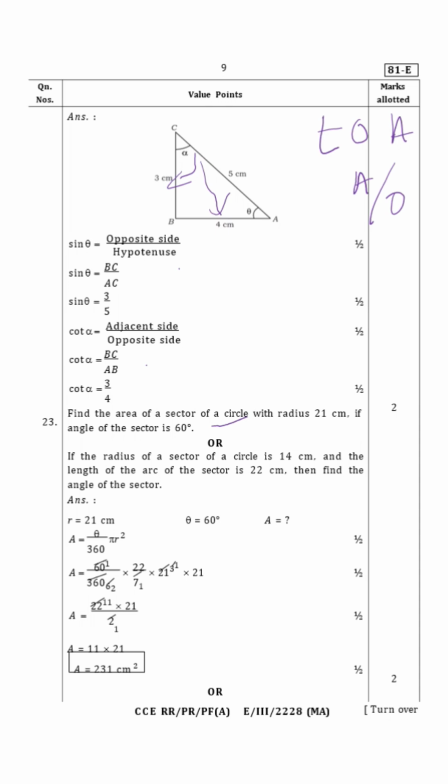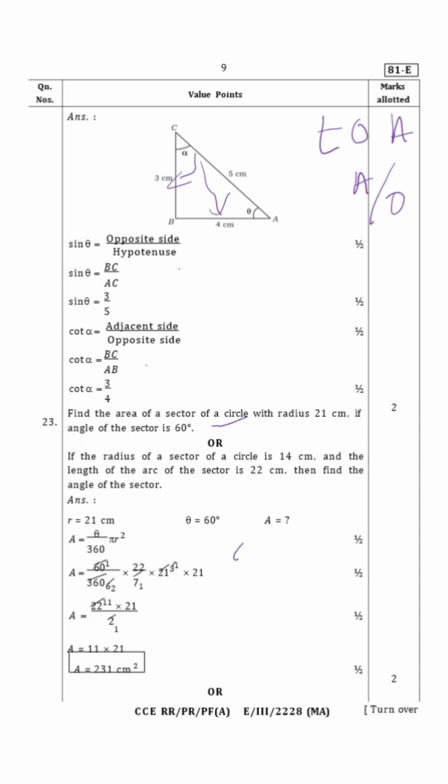Here 6 1s are 6, 3 2s are 6. You can solve it by any way.